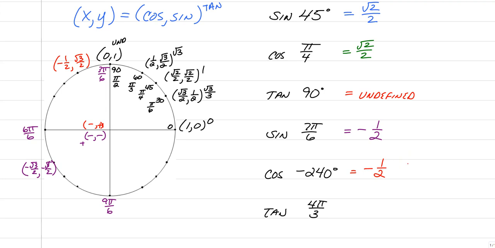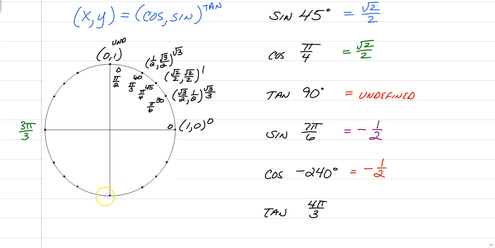Last one is tangent of 4 pi over 3. So we're going to go 4 pi over 3. We're going to clean up the unit circle here real quick. And in the video for angles in standard position, 1 pi was 3 pi over 3.